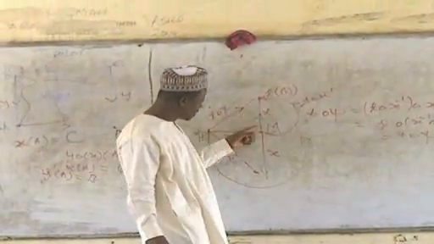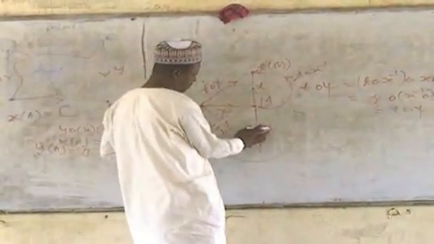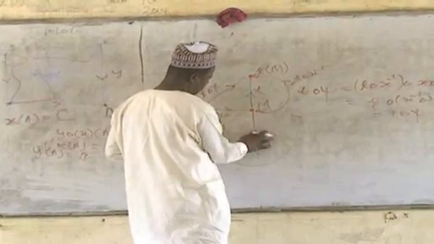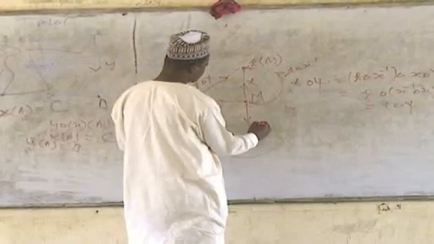If this is T here, what of this? I should have changed this form. If this is T, this is going to be Tm.